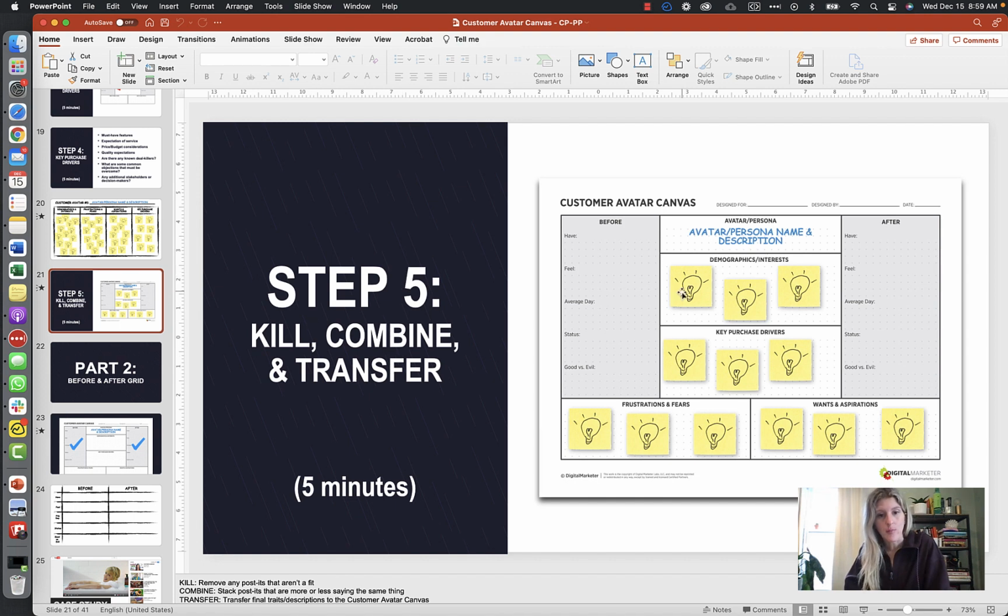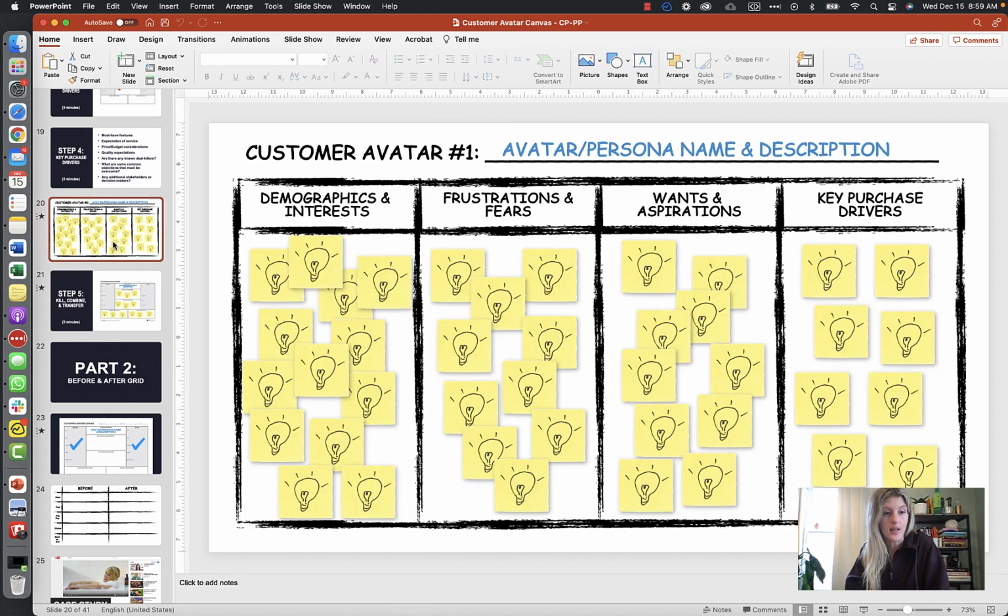Step 5, kill, combine, and transfer. So as I mentioned, if you are doing this in a group setting and you have it up on a whiteboard and everybody passes in their sticky notes and puts them up, kill any that don't make sense or are not relevant. Combine any like answers.